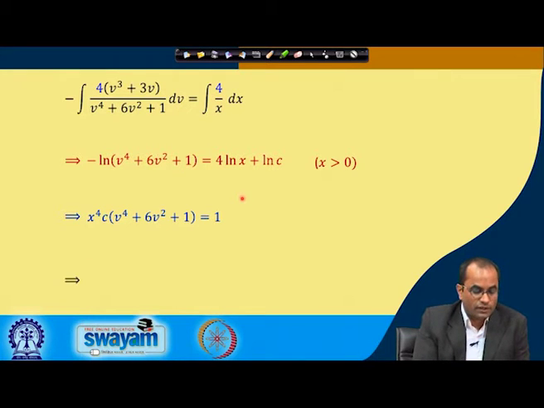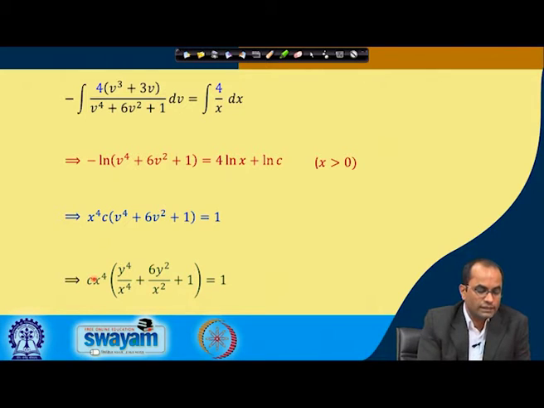So, now we need to substitute back this v, which was y over x. So, here we have c x to the 4, and v is y over x. So, we have y to the 4 over x to the 4, and here also 6y squared over x squared plus 1, and is equal to 1. And now this x to the 4 we can bring inside the bracket.